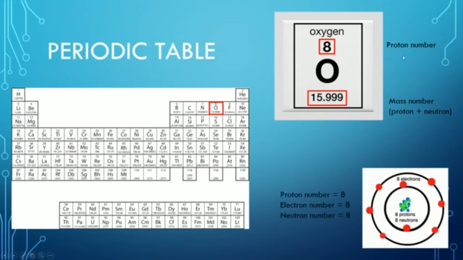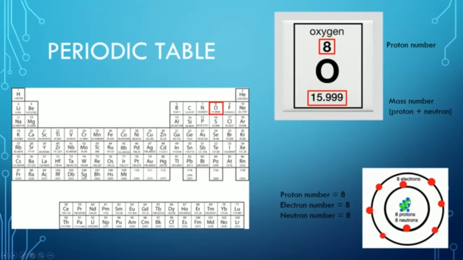So obviously the proton number is 8 because it says so. The neutron number is 8 because the proton number plus neutron number is 16 in this case, so there must be 8 neutrons. The electron number, as we discussed before, is always equal to the proton number in an atom, so in this case it's also 8.